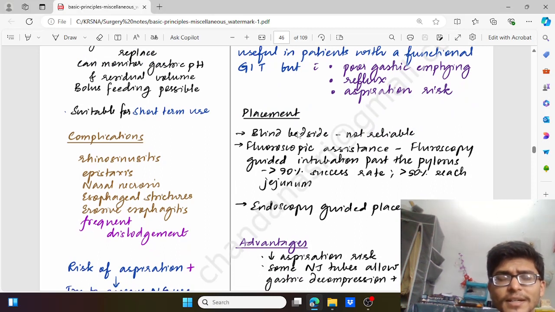So how do we place it? First, we can do it blindly at the bedside, which is not reliable. Then the other is fluoroscopic assistance. Here fluoroscopic guided intubation past the pylorus has a 90% success chance and 50% reach the jejunum. And endoscopic guided placement is also another option.